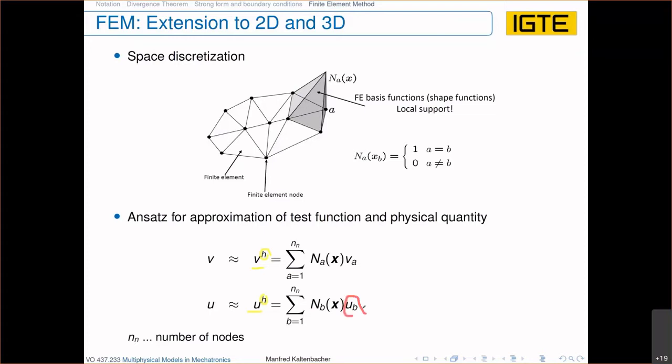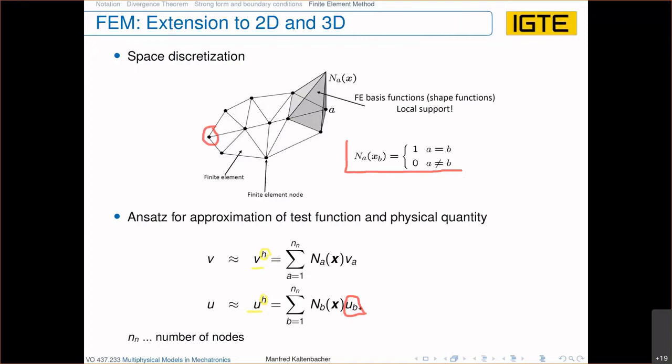Yeah? We are not really interested in VA because it's the test function. We want to get the solution at all our finite element nodes we have here in our discretization, where we don't know our physical quantity u. We want to get these coefficients of such ansatz. And you can do this ansatz with the sum because we have this very important property, the so-called local support.